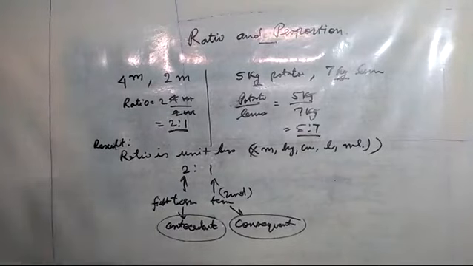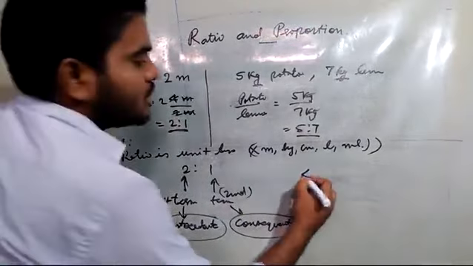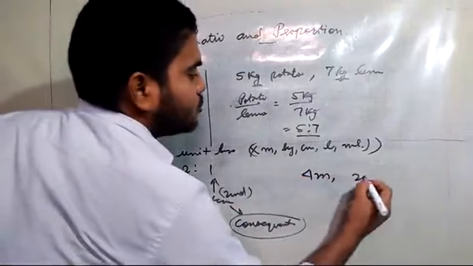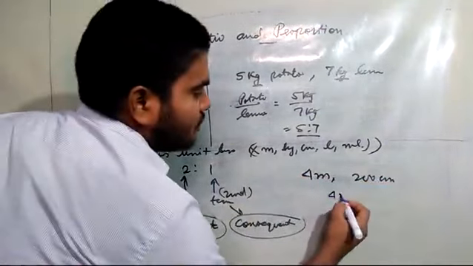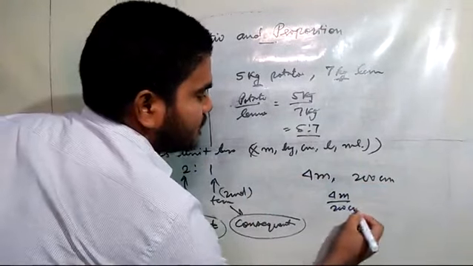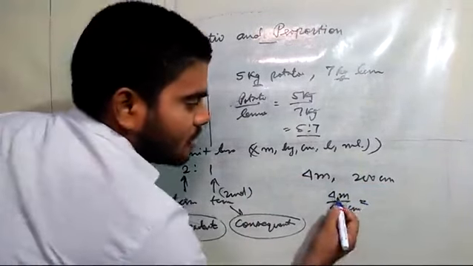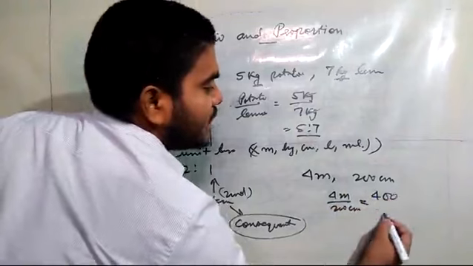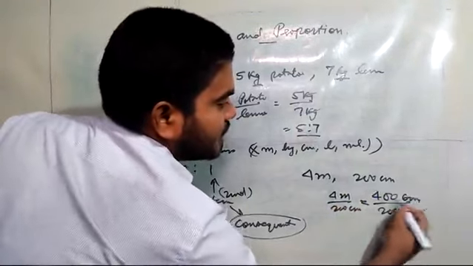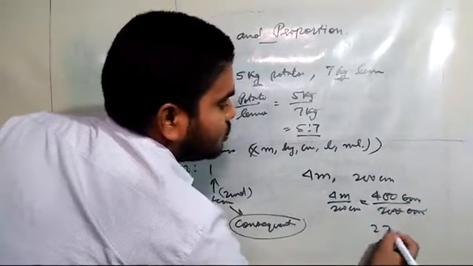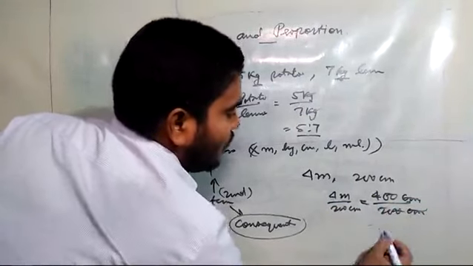If it is given like 4 meter and 200 centimeter, then what do we have to do? We cannot compare 4 meter by 200 centimeter like this. We have to convert 4 meter into centimeter, then 400 by 200 gives 2:1.